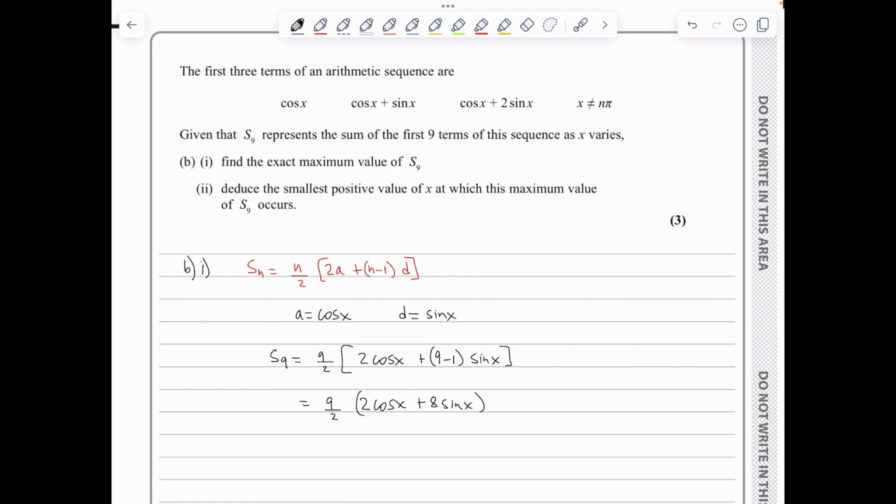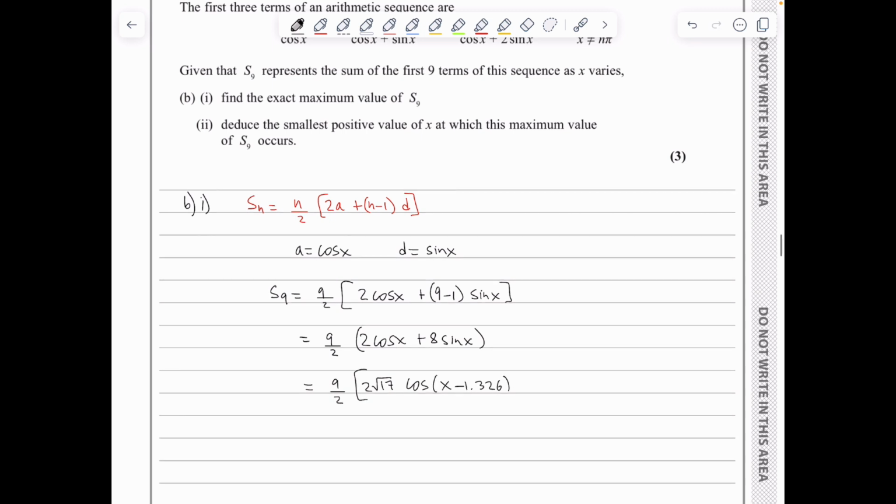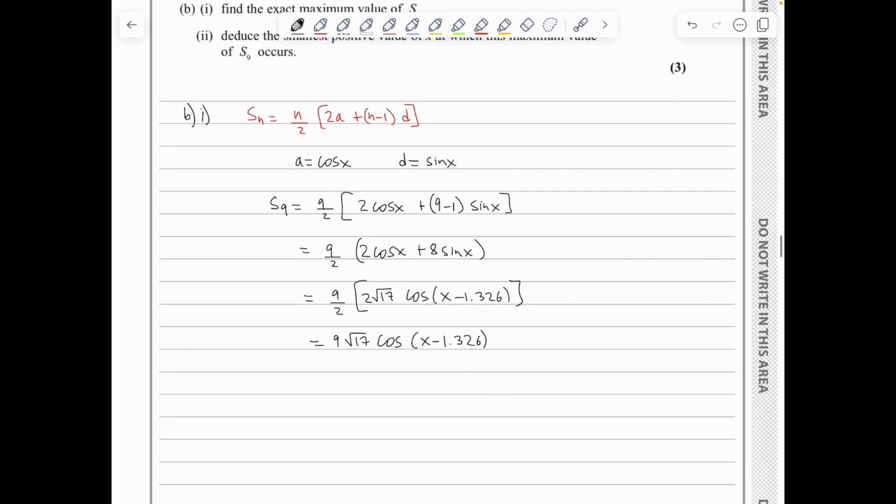Well, the 2 cos x plus 8 sine x is exactly what we had in part A. So we can write this as 9 over 2 times 2 root 17 cos of x minus 1.326, which I can expand to get 9 root 17 cos of x minus 1.326. Remember, we're trying to determine the maximum value that this can attain.